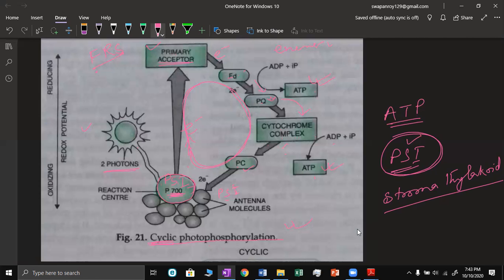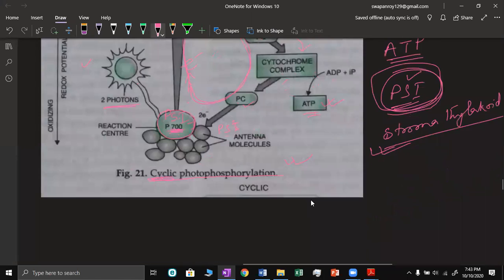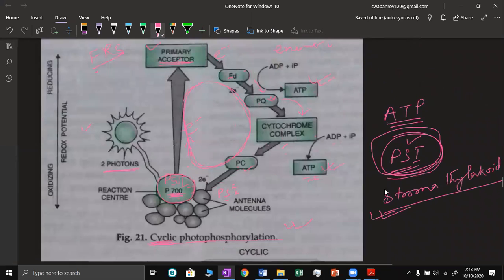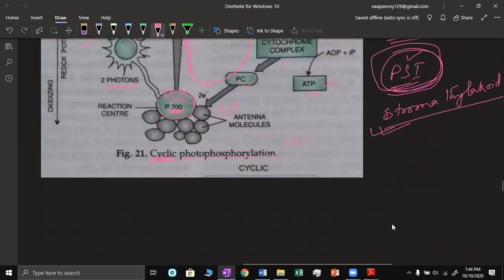Photolysis of water is linked to PS2 and the non-cyclic photophosphorylation. So the ATP production where PS1 alone is involved is known as cyclic photophosphorylation. This produces the additional ATP for supporting the process of photosynthesis.